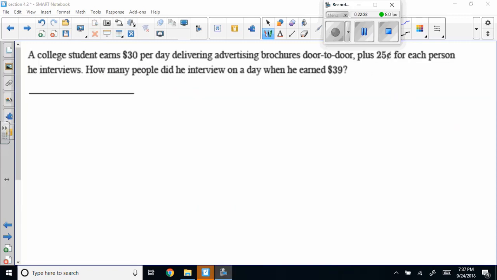A college student earns $30 per day delivering advertising brochures door to door, plus 25 cents for each person he interviews. How many people did he interview on a day when he earned $39? Well, normally you would say, hey, y equals what? He gets paid $30 flat, right? Plus 0.25 per person, right?